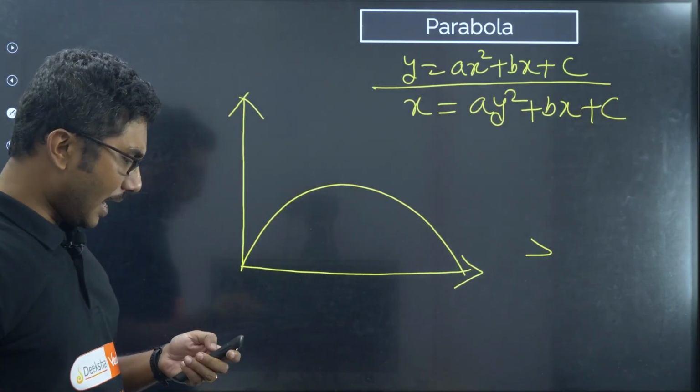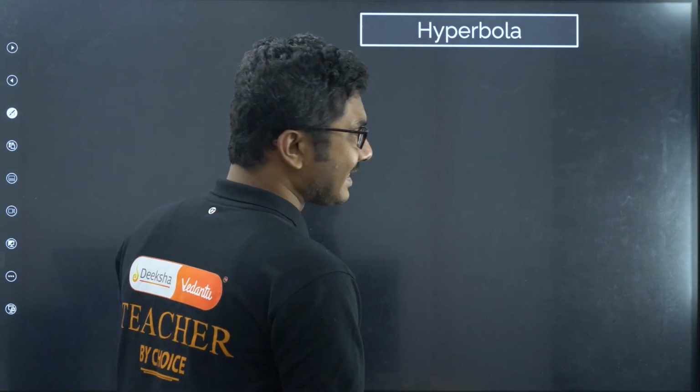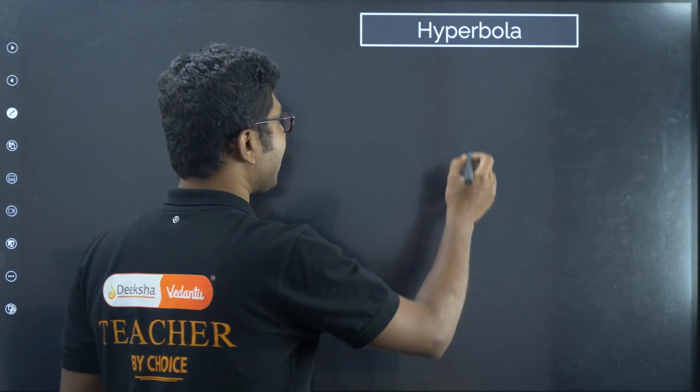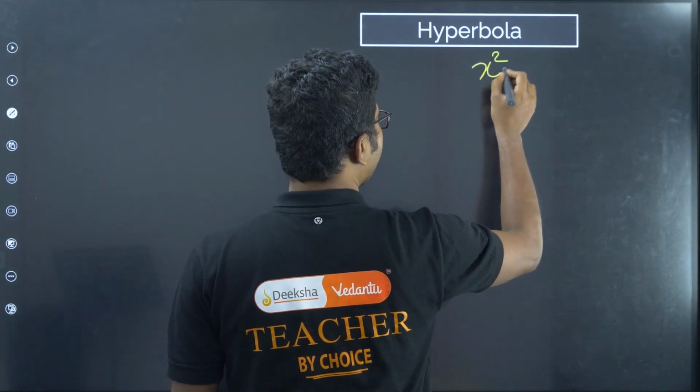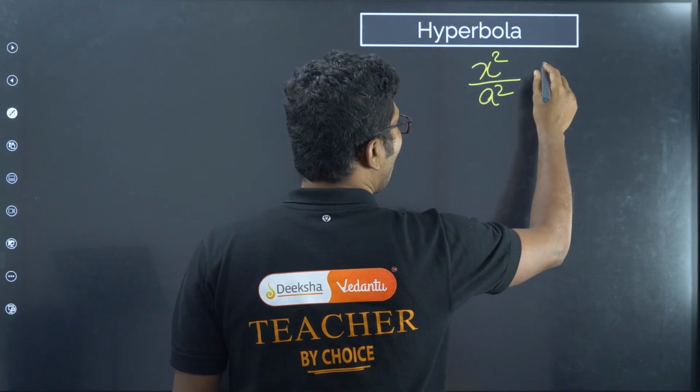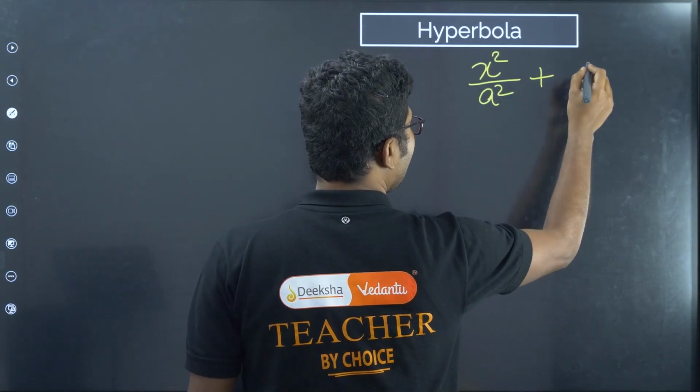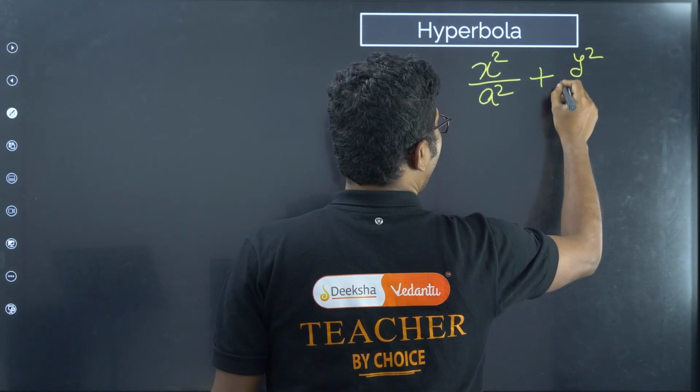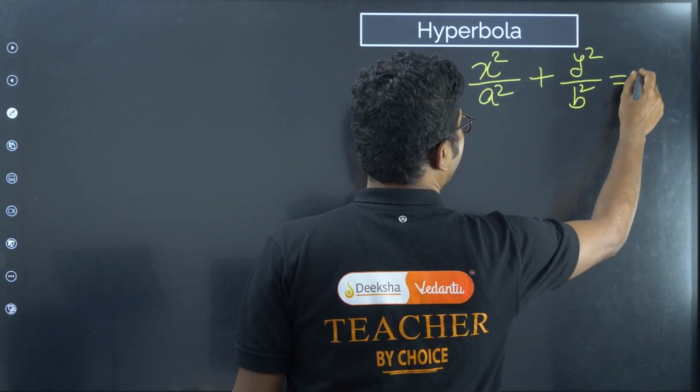Next part is the hyperbola. Hyperbola is very interesting. You already know the equation of an ellipse, right? The equation for an ellipse is x square by a square plus y square by b square equals 1, right?